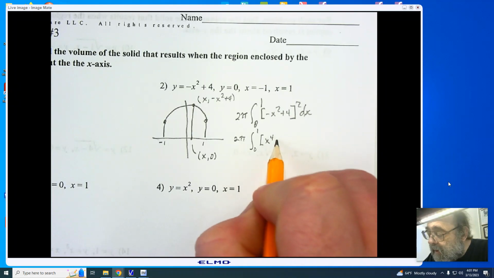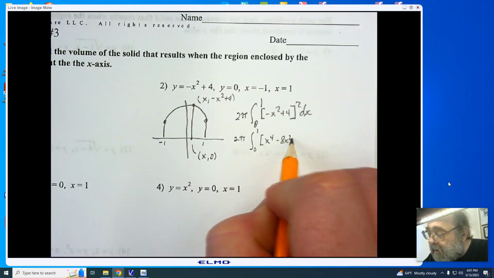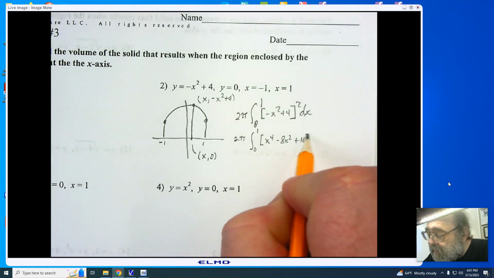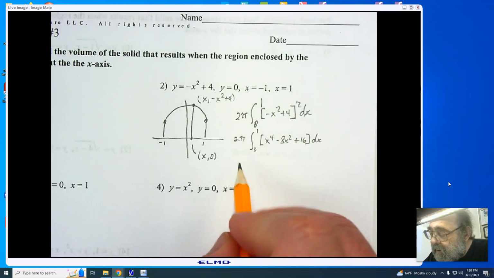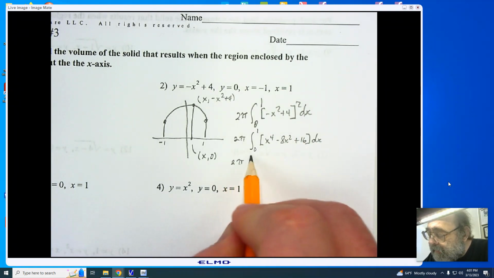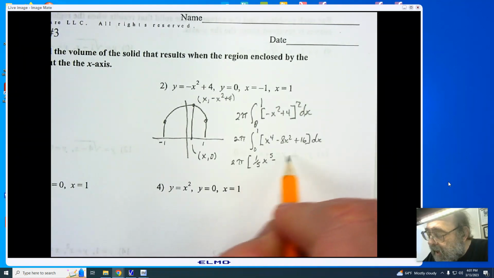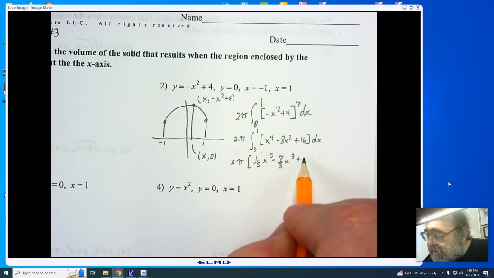X to the 4th minus 8x squared plus 16 dx. This is giving me 2 pi, 1/5 x to the 5th minus 8/3 x cubed plus 16x from 0 to 1.